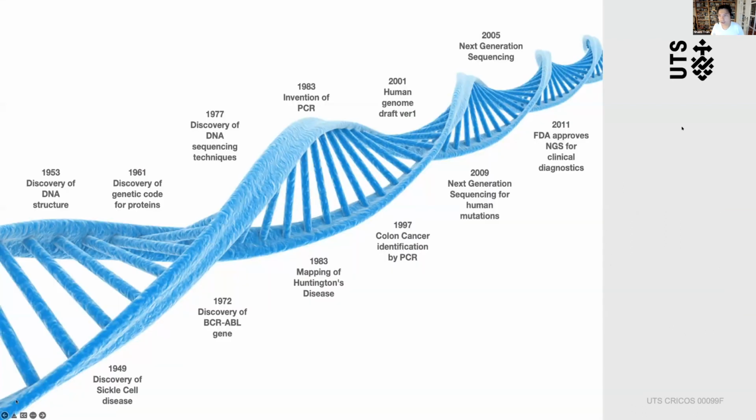Okay, so just quickly, this is a historic overview of what's been discovered in terms of methodology. I might just look at some of the really pertinent discoveries that happened throughout history. In 1953, there was the discovery of the DNA structure by three scientists.